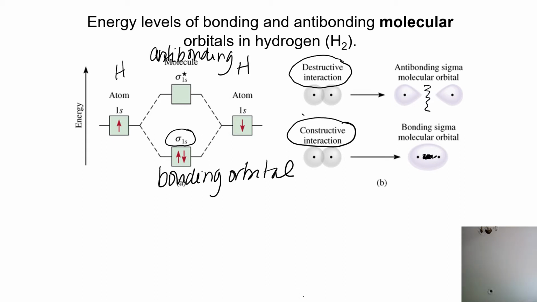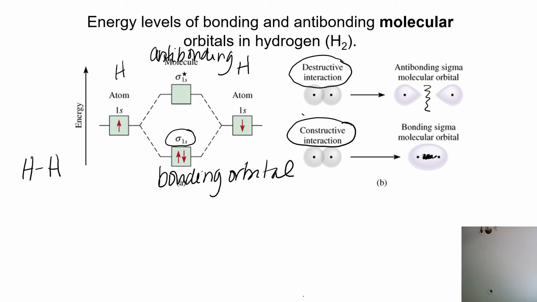So if we have two electrons, as we do in the sigma 1s bonding orbital here, we are going to form that H-H bond, or a single bond between hydrogen.